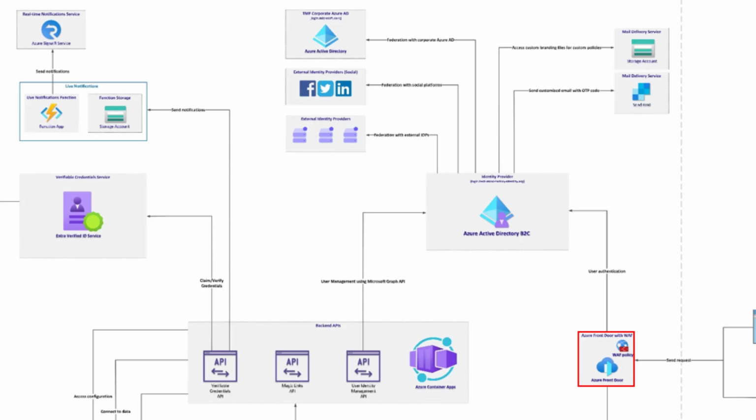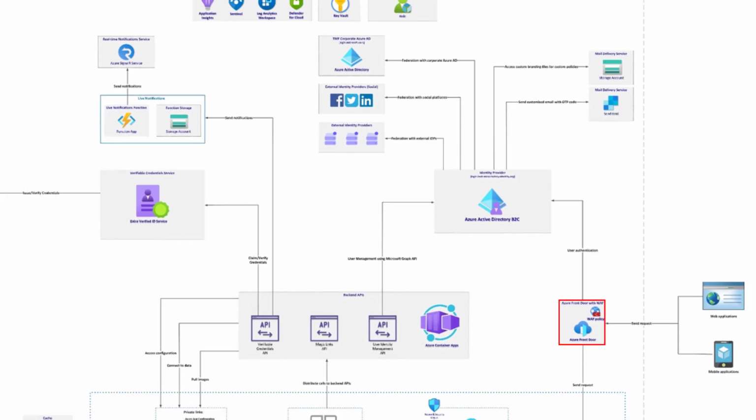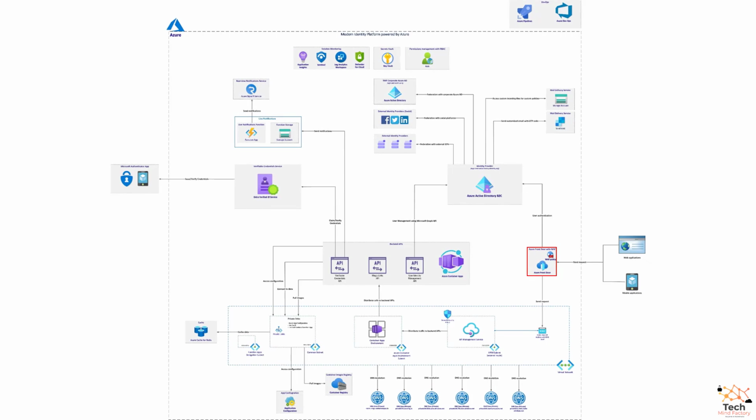And also, when it comes to Azure Front Door, if we want to use the custom domain with Azure Active Directory B2C, so we don't want to display b2clogin.com, but we want to, for instance, display the domain of our company, like login.techmindfactory identity, in this case, we have to use Azure Front Door.